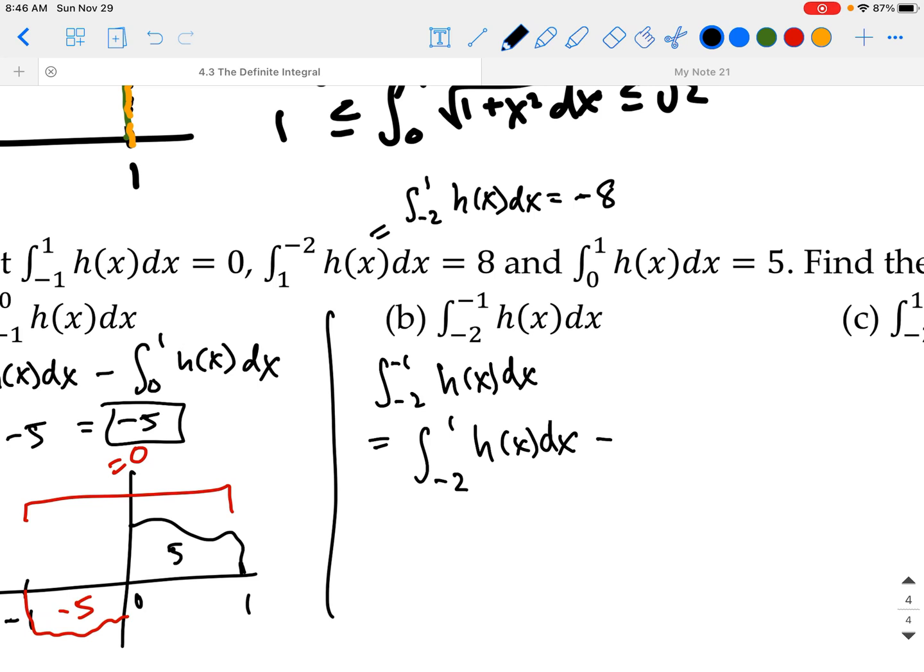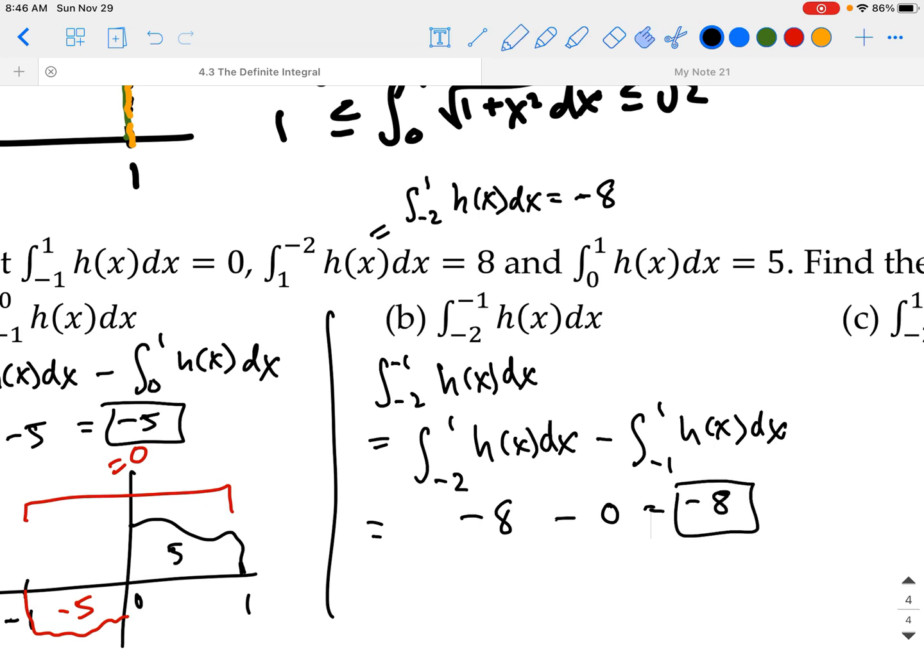And what we're going to want to do is subtract off everything from negative 1 to 1, which we also know. And again, you could do this by picture if you wanted to. So that's going to give us our answer, which is going to be negative 8 minus, and then the integral is just 0. So that's just negative 8. Excellent.